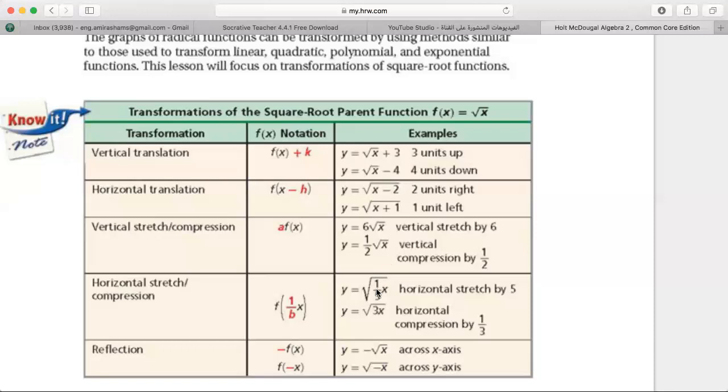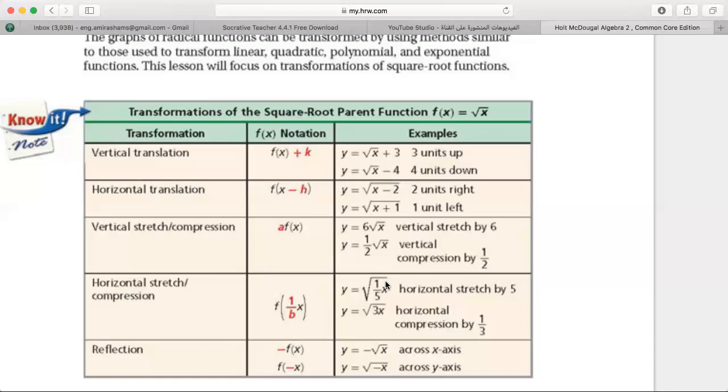If the number that is multiplied by x under the radical symbol is 1 over 5, the factor is 5, not 1 over 5.